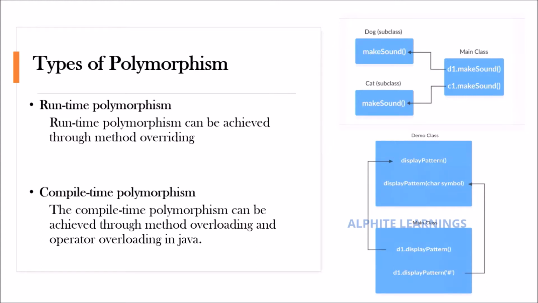If in case you are in d1 display pattern, if you don't give this hash symbol, it will execute the same display pattern, the method without argument, two times. If you try to add one more parameter, it will check that there is no method which allows two arguments to pass.